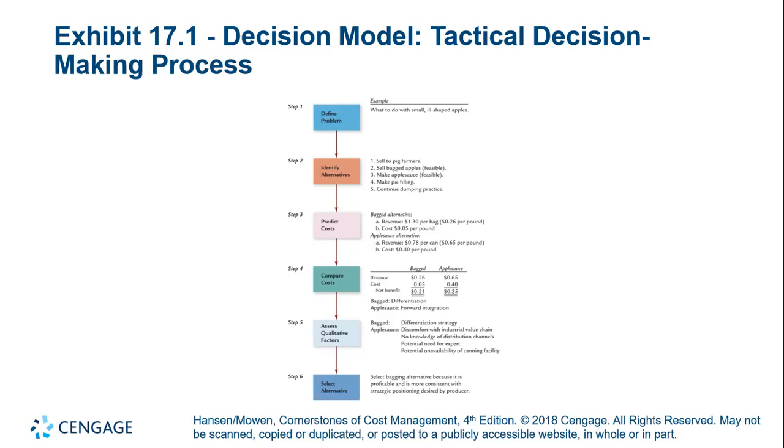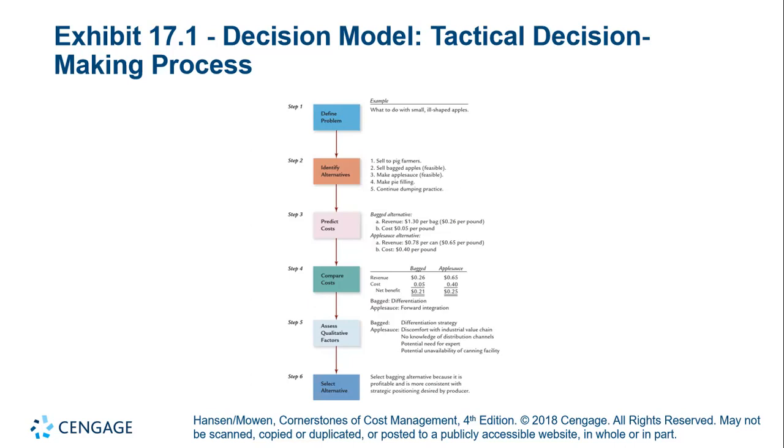Then, step number 6, we have to select the alternative. In selecting the alternative, we have to select the bagging alternative because it's profitable and more consistent with the strategic positioning desired by the producer.